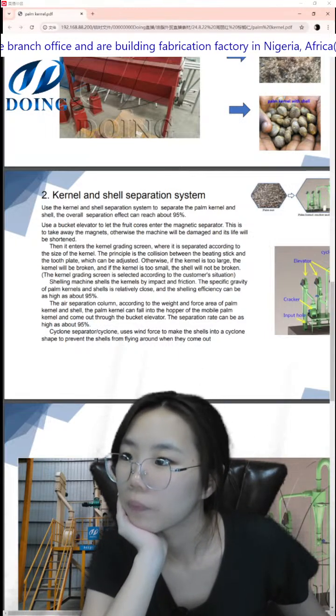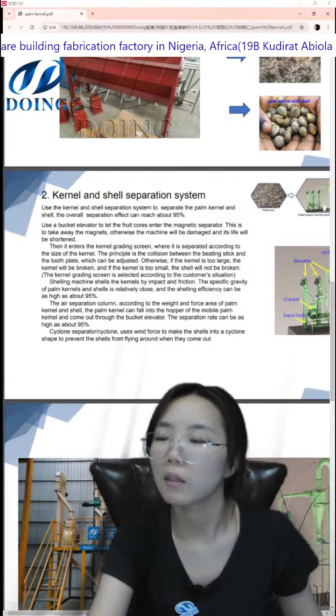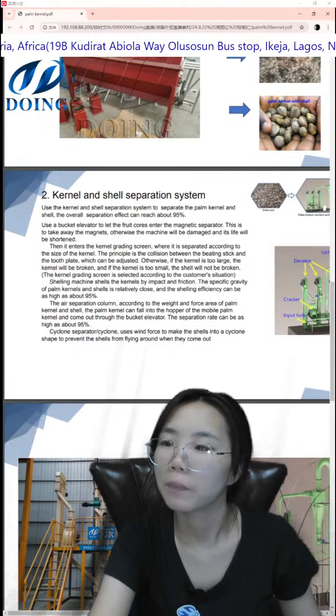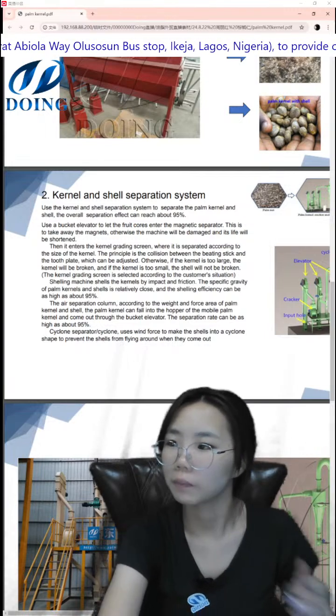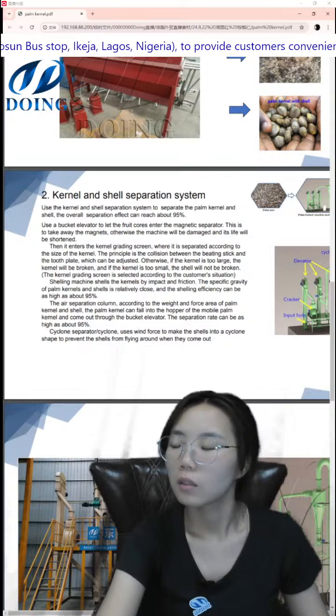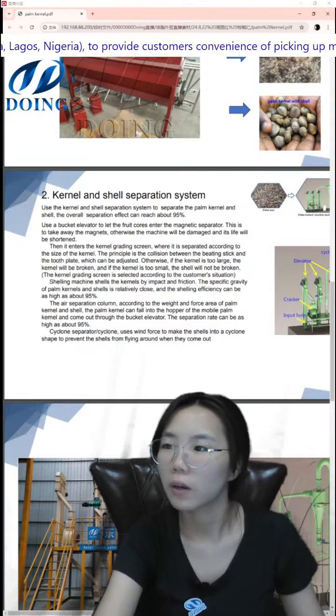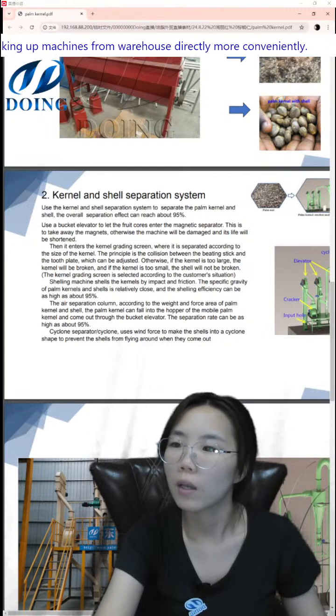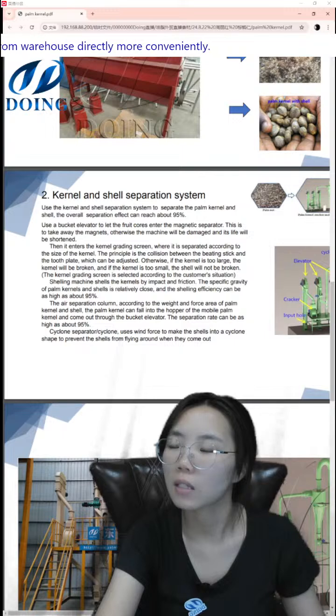Otherwise, the machine will be damaged and its life will be shortened. Then it enters the kernel grading section, where the material is separated according to the size of the kernel.